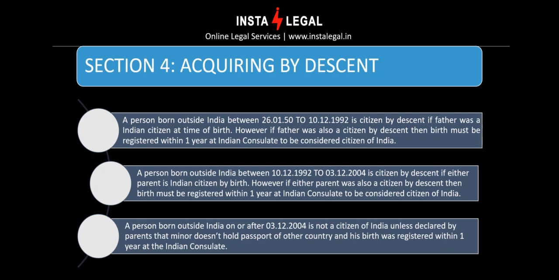Finally, if a person born outside India after December 3rd, 2004 wants to become an Indian citizen, his or her parents must state that the minor does not have a passport from another country and that his or her birth was registered at an Indian consulate within a year of his or her birth.